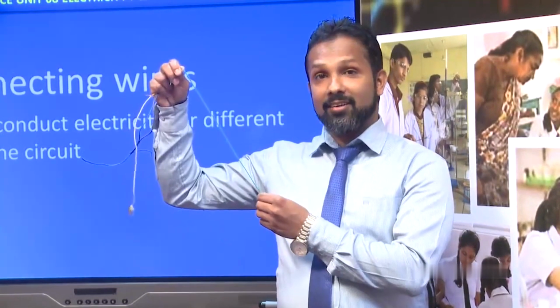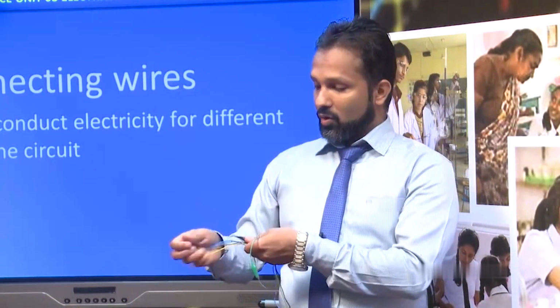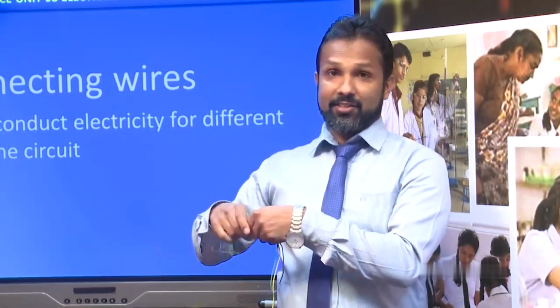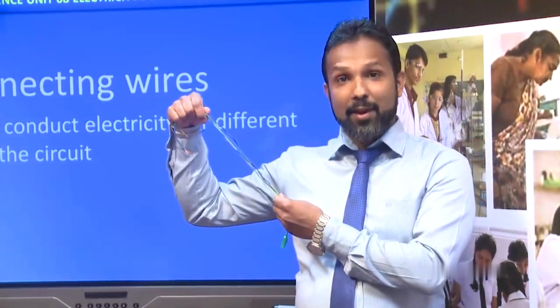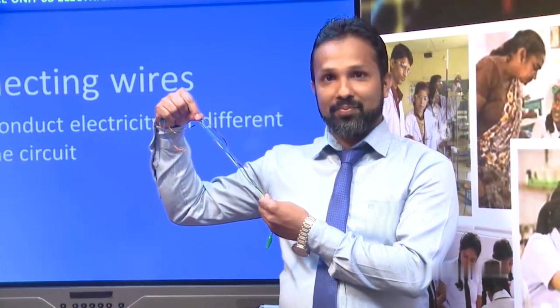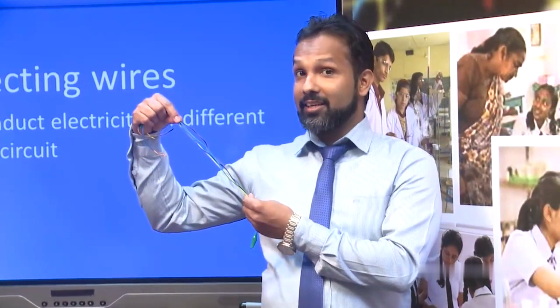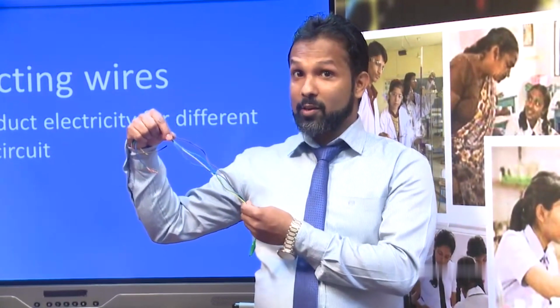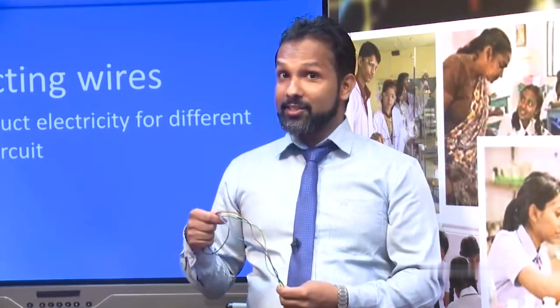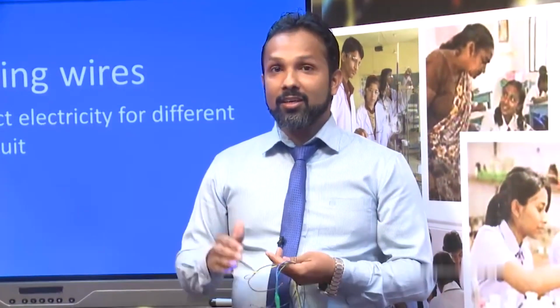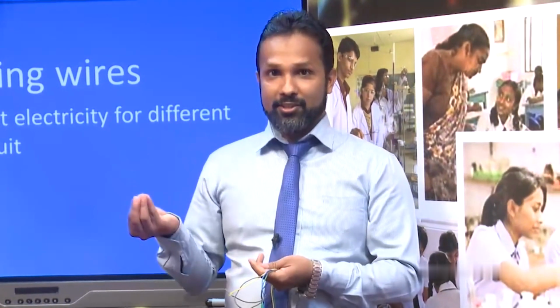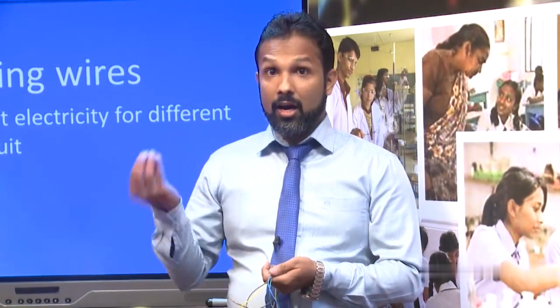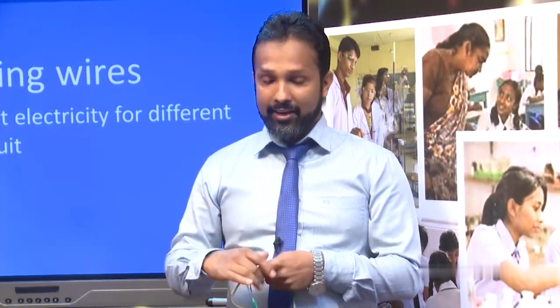These wires have the same thickness. The diameter is the same. But my dear children, when you think about some advanced circuits, we have to use connecting wires of different sizes, larger diameter, right?